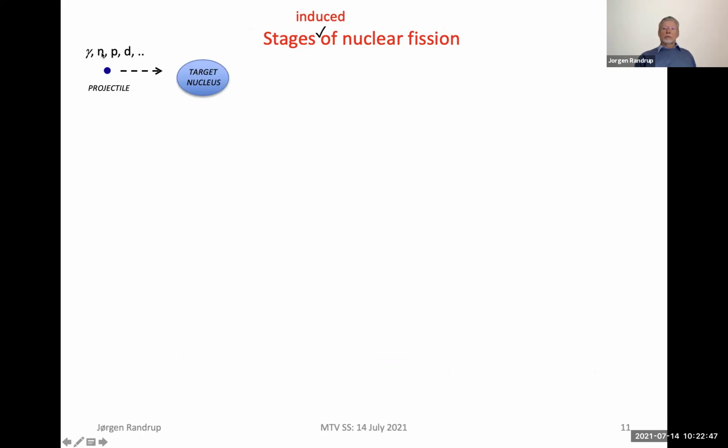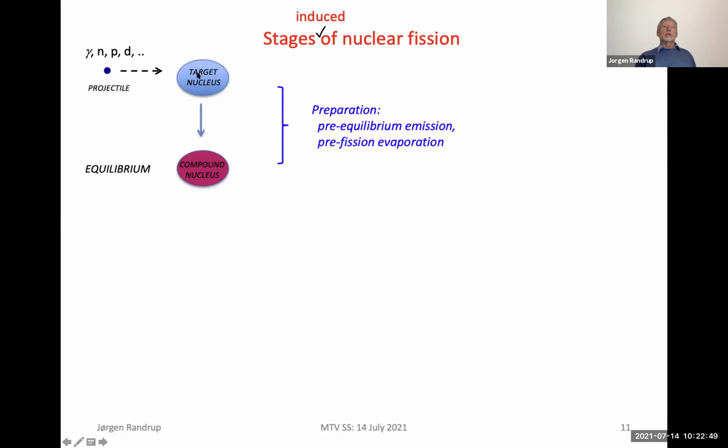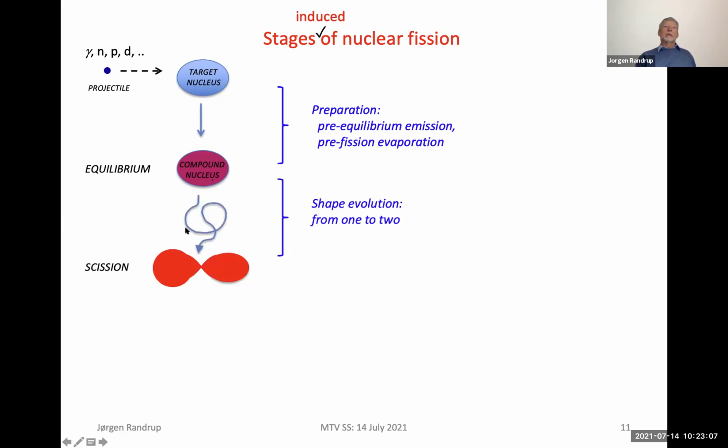And then according to what I just said, it very quickly becomes a compound nucleus. It equilibrates at higher energies. There can be some knockout or some pre-equilibrium processes, and you all the time compete with evaporation, but the compound nucleus finally then fissions. And this is the essence of fission, that you go from one nucleus to two nuclei.